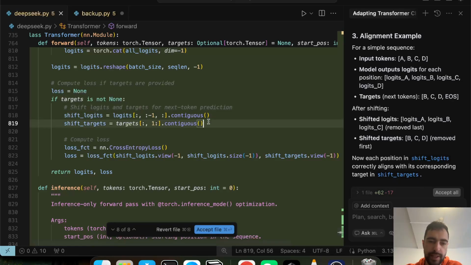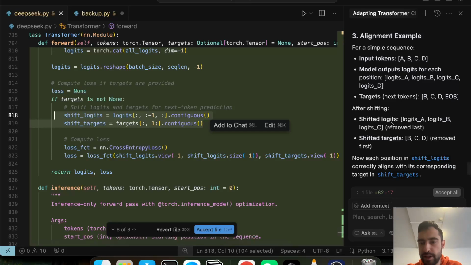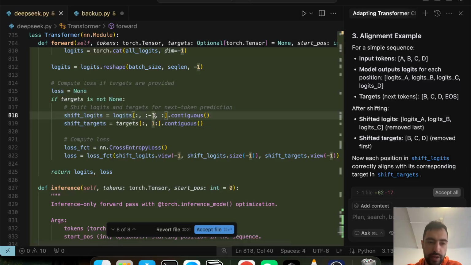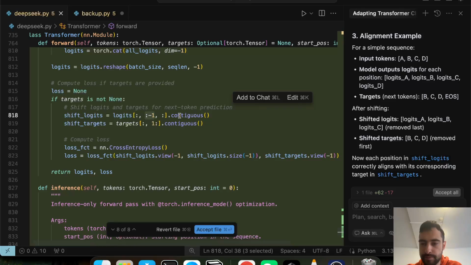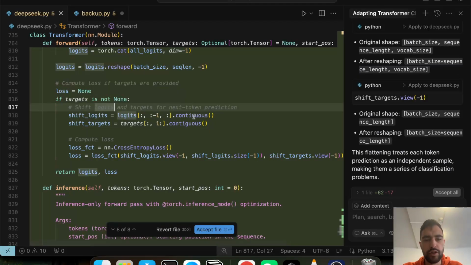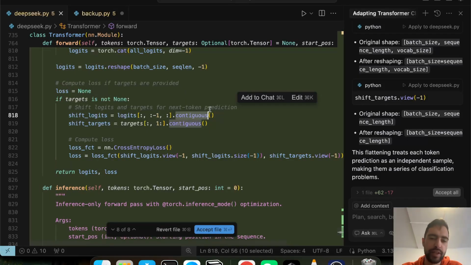What these two lines will do is shift in such a way that it removes the last token here. You see here you take every token except the last one, and here you remove the first token, so it starts from the second one. Contiguous just defines what type of memory this will be stored in for PyTorch to use.